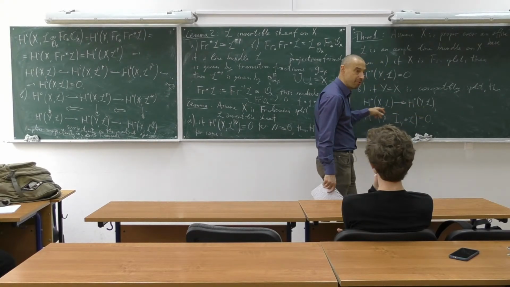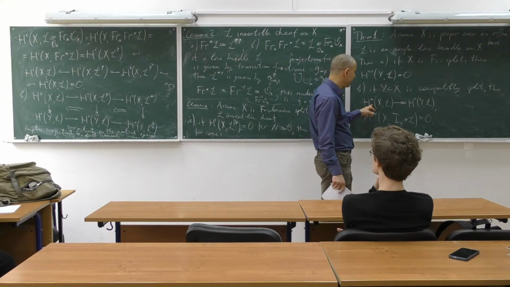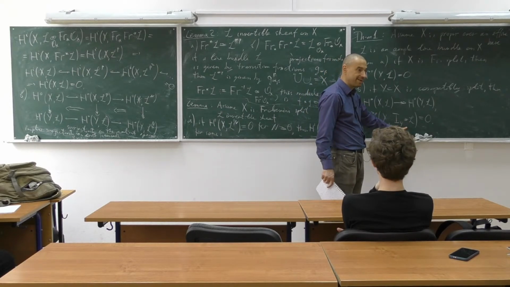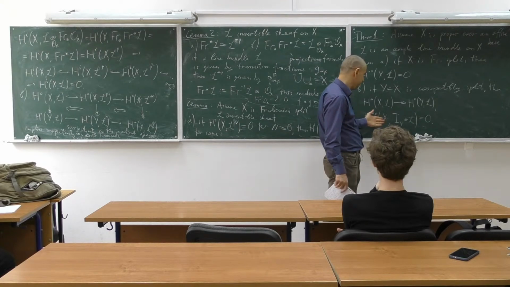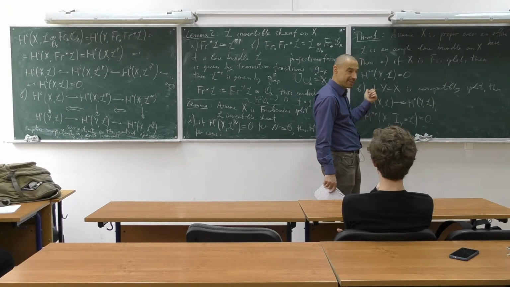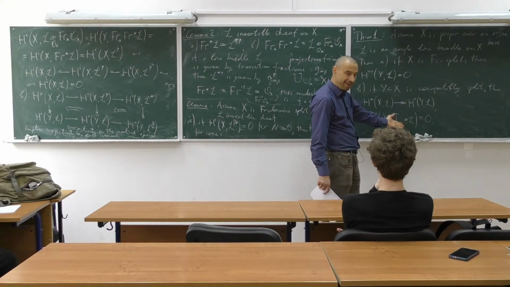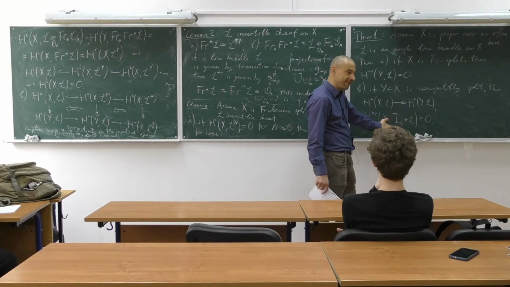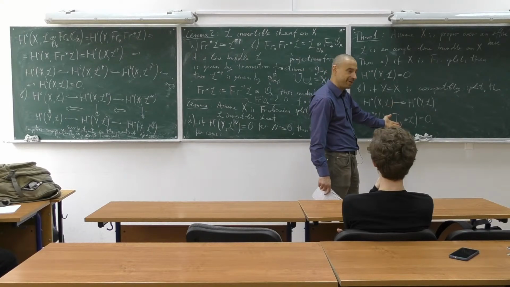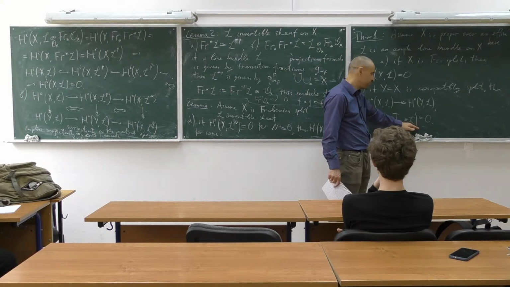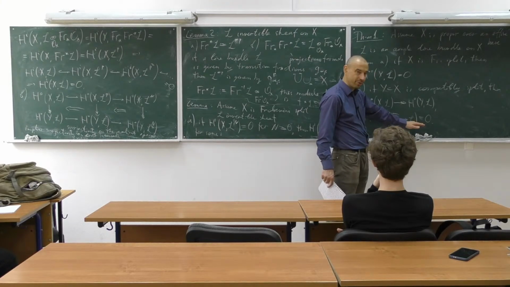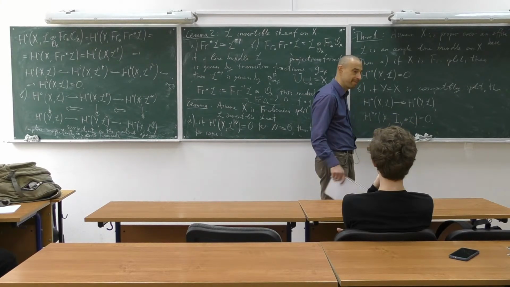And for high enough powers of L, this will follow if there is no first cohomology of this. It's claimed that they vanish, and they vanish for exactly the same reason. If you twist by a sufficiently high power of L, then any higher cohomology, in particular first cohomology, vanishes. But because of Frobenius splitting, if it's true for a sufficiently high twist, then it's true for just this twist.